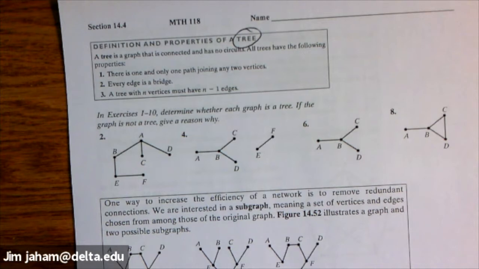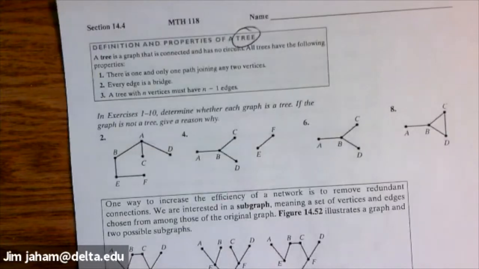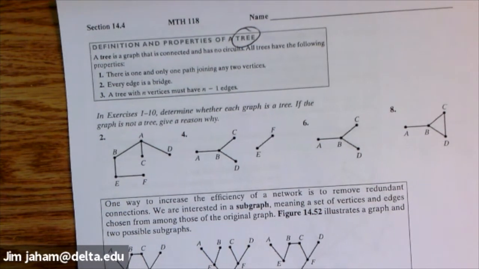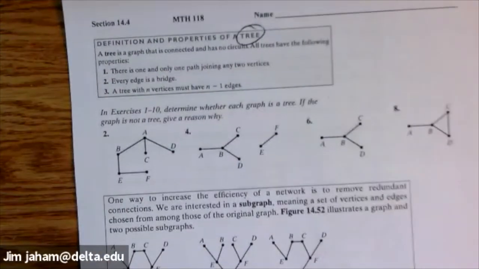Okay, so the real world context for this one is, what if there was a big snowstorm at Delta College and we had to cut back because of the coronavirus. They had to lay off a couple of their employees, so they only had a couple of people to shovel off the driveways. And they wanted to make sure that there was a path from every door on Delta's property to every other door.